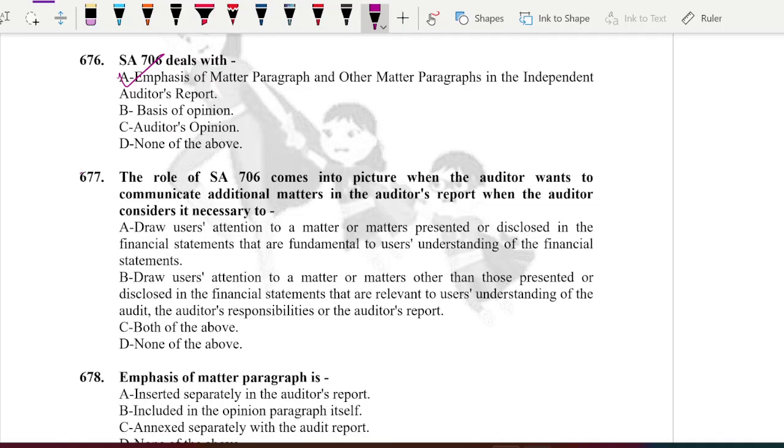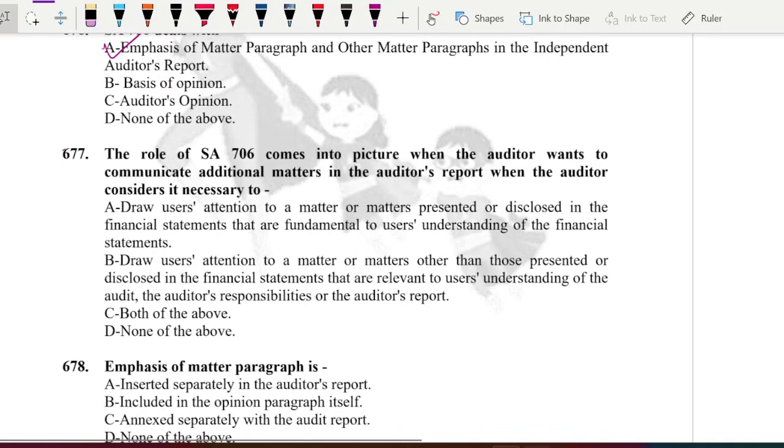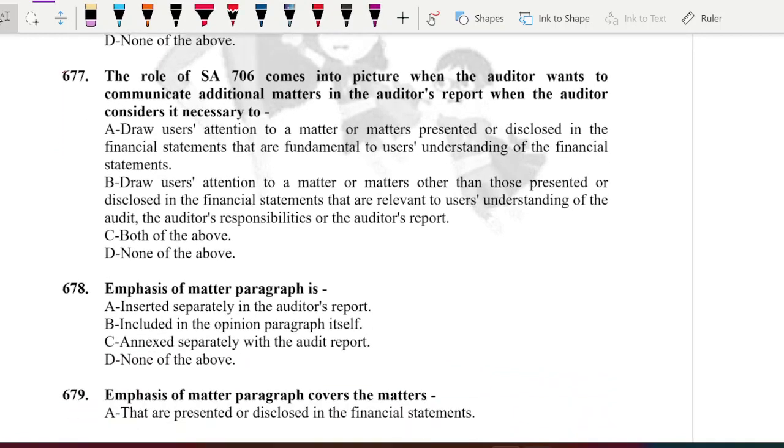The role of SA 706 comes into picture when the auditor wants to communicate additional matters in the auditor's report when the auditor considers it necessary to. So what is the question all about? The question is saying that the auditor wants to communicate additional matters. Okay, so what would he consider?